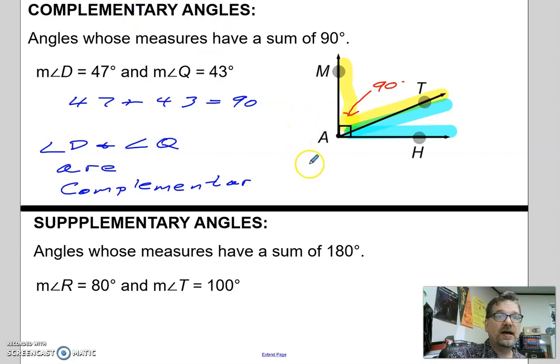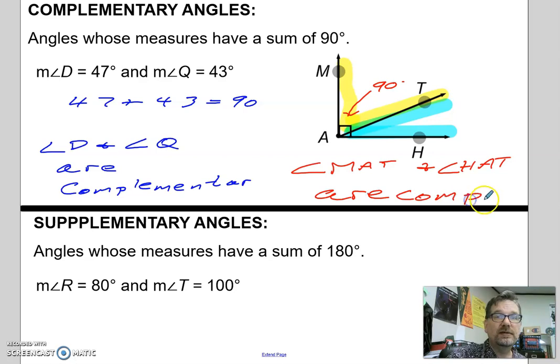So because of that, I know angle MAT, the yellow angle, and angle HAT are complementary. Why are they complementary? Because they add up to 90. How do I know that? The box.